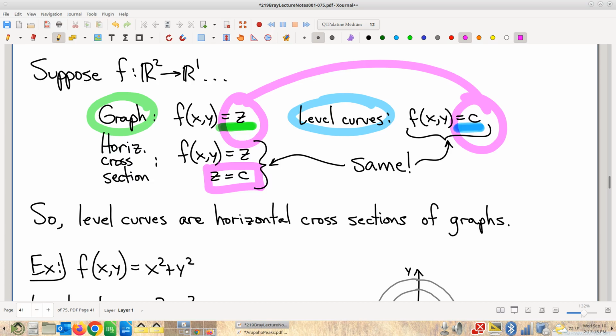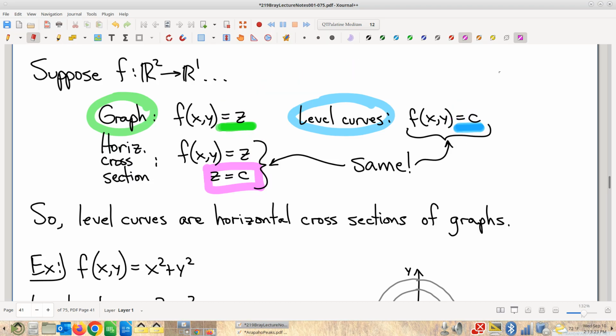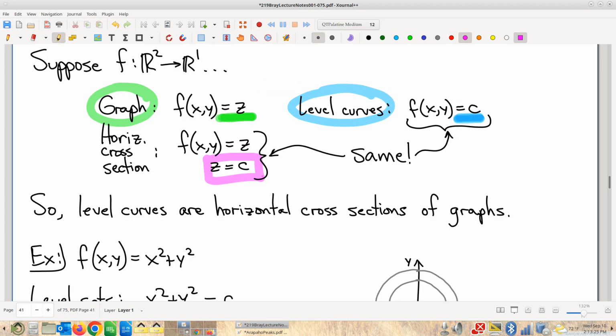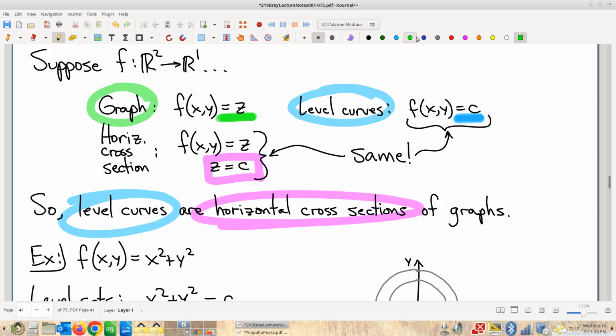If you set f equal to z and then z equal to c, that is kind of the same thing. It's just setting f equal to c in the first place. And the punchline then is that level curves, level sets in general, well, let's say level curves, are horizontal cross-sections of graphs.